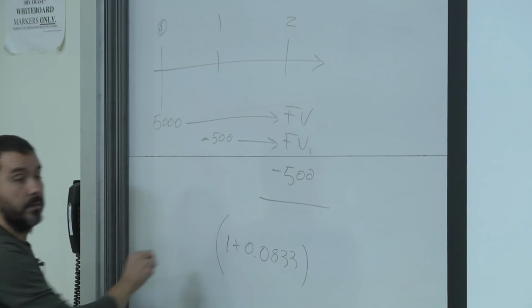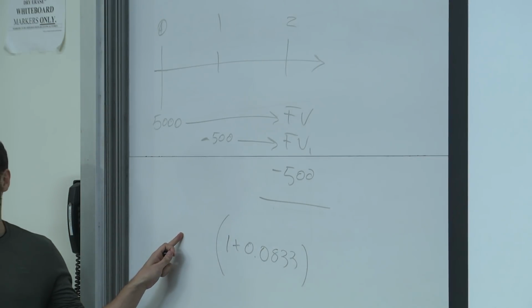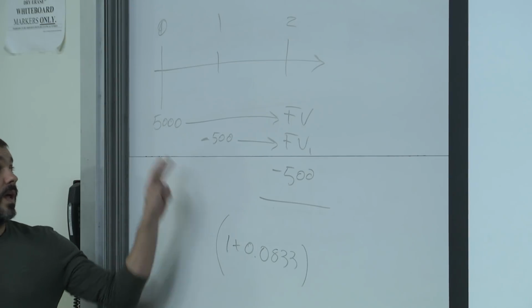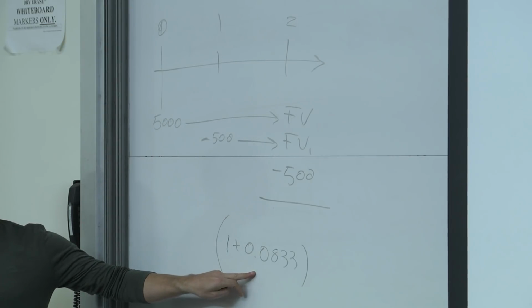Each year that the $5,000 stays in this account, whatever is in this account grows by this much. This is the factor of growth.